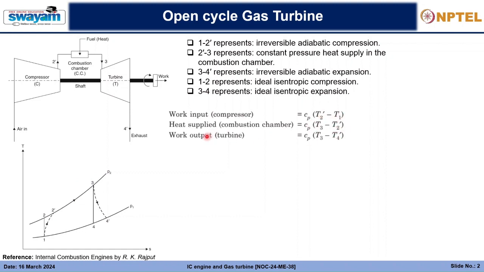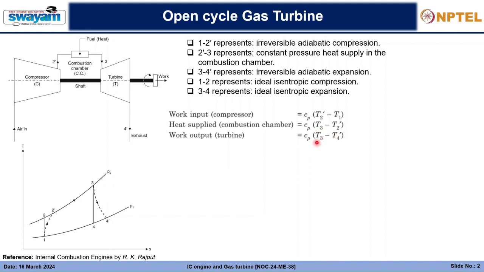Then we can have a work output in the turbine, and that is governed within the temperature limits of state 3 and state 4 dash. So we will have the enthalpy difference between these 2 points, and that is represented by Cp into T3 minus T4 dash.